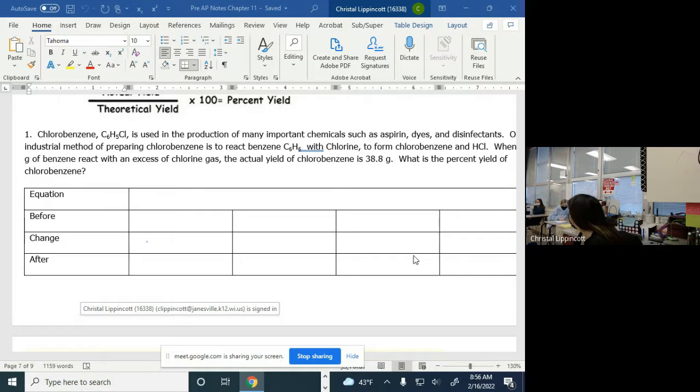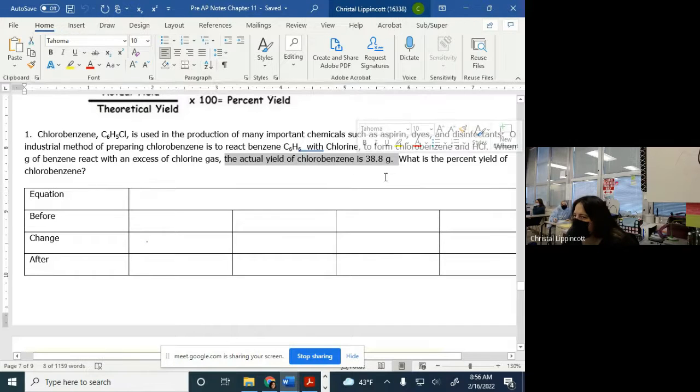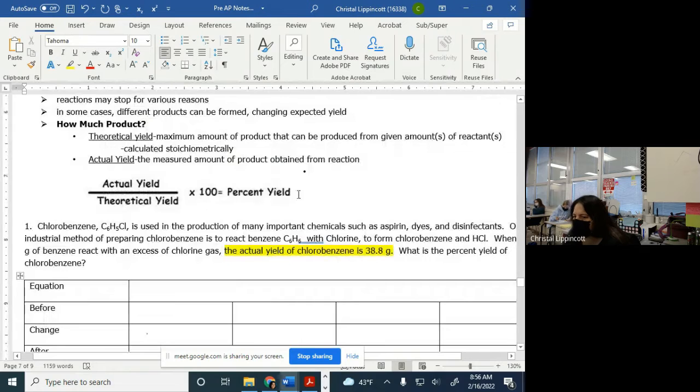Okay? It even kind of looks like a recipe card, doesn't it? So that's going to tell you how much you should be making. And then somewhere in the problem, they're going to tell you how much you actually made. Okay? And then we perform this to be able to figure out what our percent yield is.